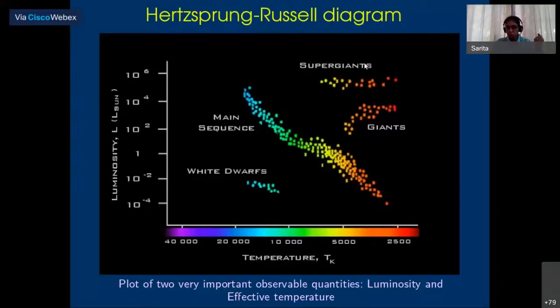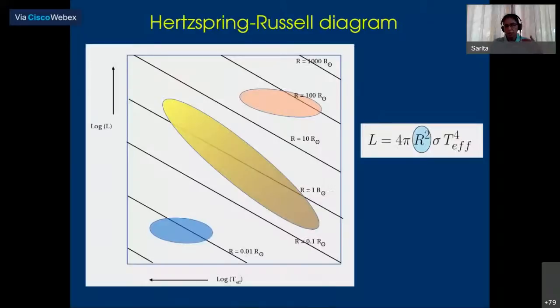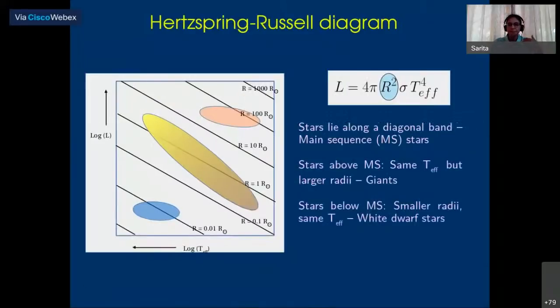Then you have certain giant type objects, you have certain white dwarf type objects, just based on the observed surface properties. We are not talking about evolution. We are just trying to see, as our thought process evolved, how our understanding has improved. So from a purely observational diagram, we are able to categorize stars into these different classes.